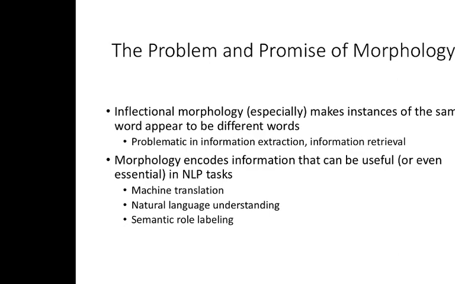Morphology, however, also encodes information that can be useful in NLP tasks, things like machine translation, natural language understanding, or semantic role labeling. It contains information about the meaning of words that can be leveraged as well. So morphology has its good and bad sides.